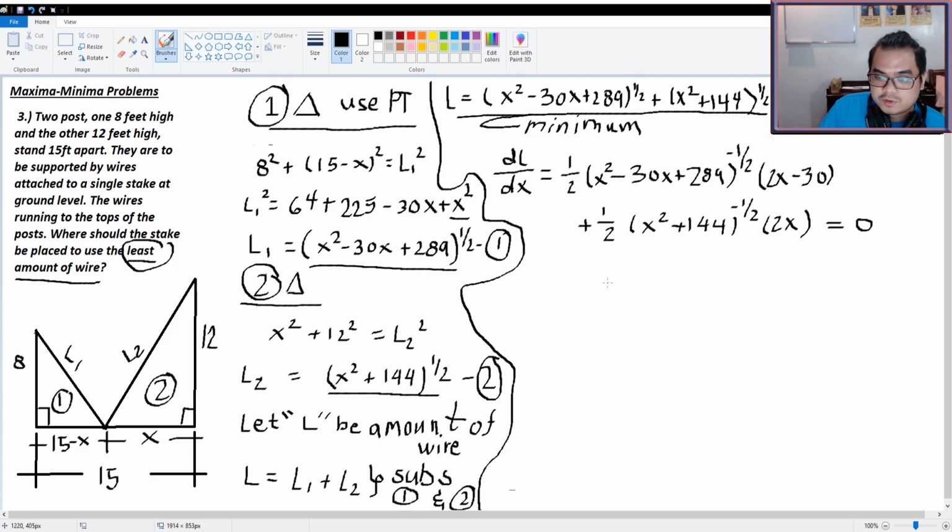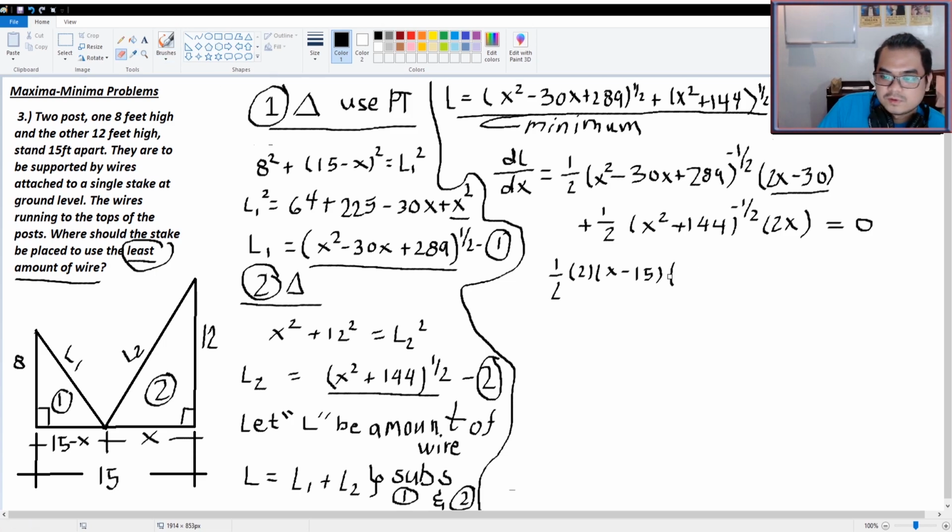Therefore, you will have 1 half. I'll just factor out the 2 here, so you have 2 and you will be left with x minus 15, times this one.